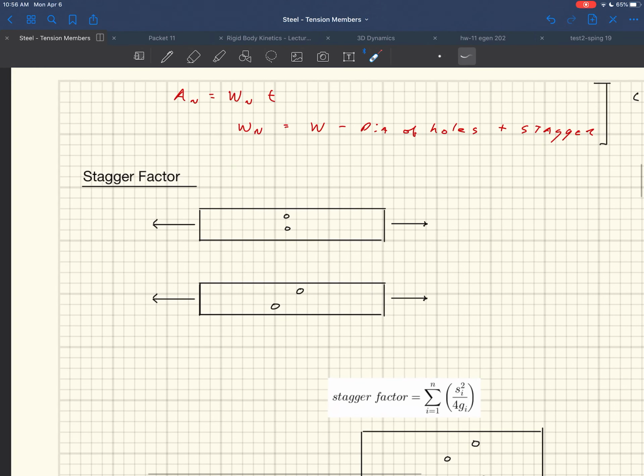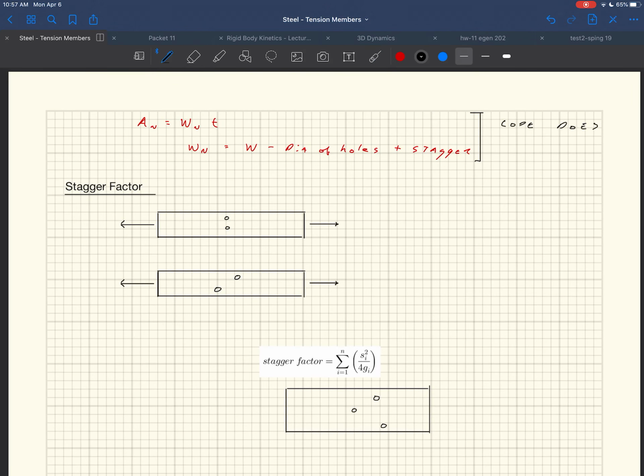Okay, so what is the stagger factor for? Imagine these two different plates. This is exactly what your lab is going to be, except we're doing it with three holes instead. You have a steel plate, you put 2 holes in it, and then I apply a load on it and look to see what its capacity is going to be.